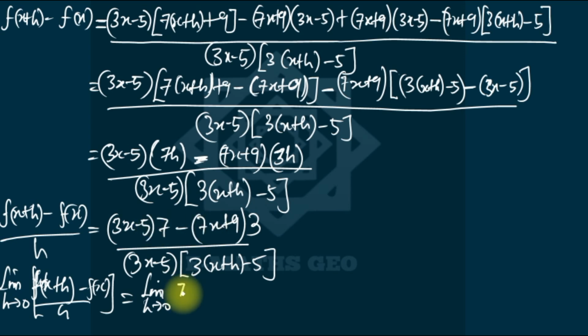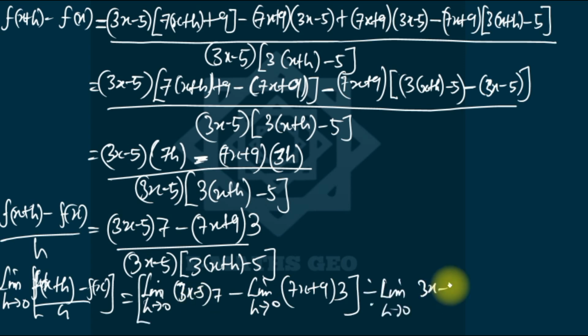So I have 3x minus 5 times 7 minus the limit as h tends to 0 of 7x plus 9 times 3, divided by the limit as h tends to 0 of 3x minus 5 times 3x plus h minus 5.